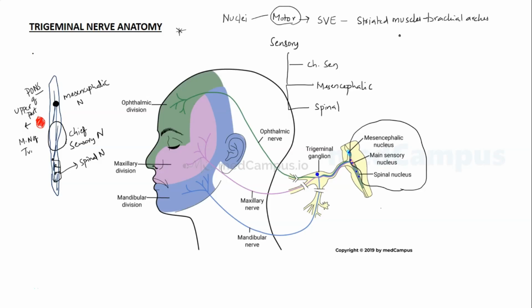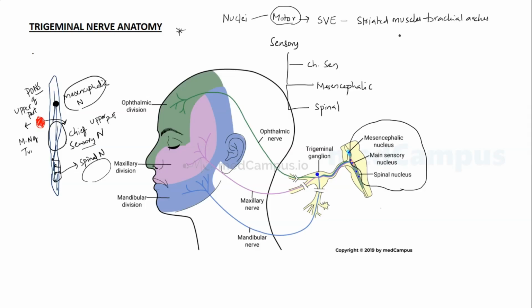Now, the chief sensory nucleus of the trigeminal nerve is again located in the upper part of pons, in the dorsolateral region. It is lying immediately lateral to the motor nucleus, and it lies in an intermediate position between the mesencephalic nucleus and the spinal nucleus. It's as simple as that. Then what about the spinal nucleus?